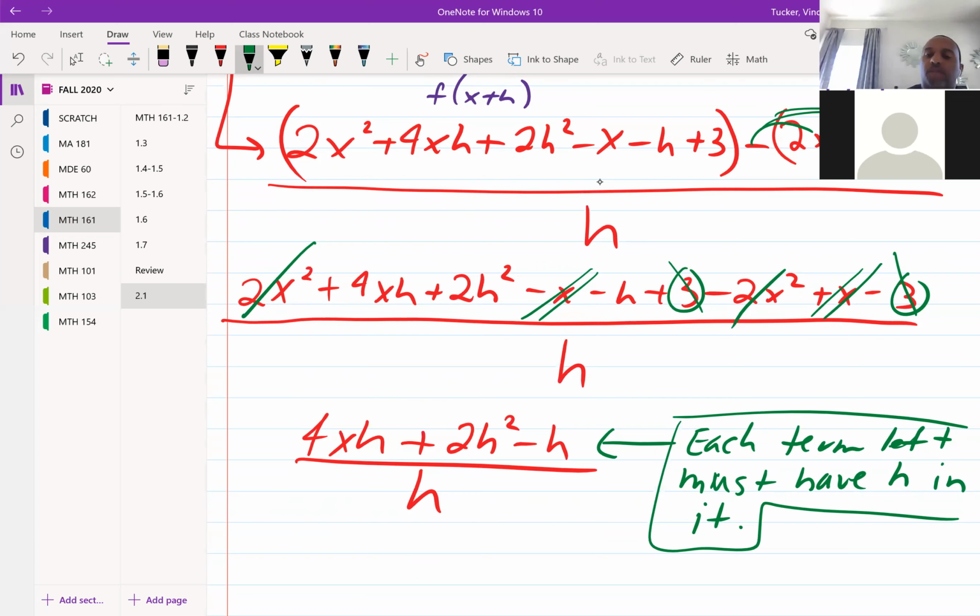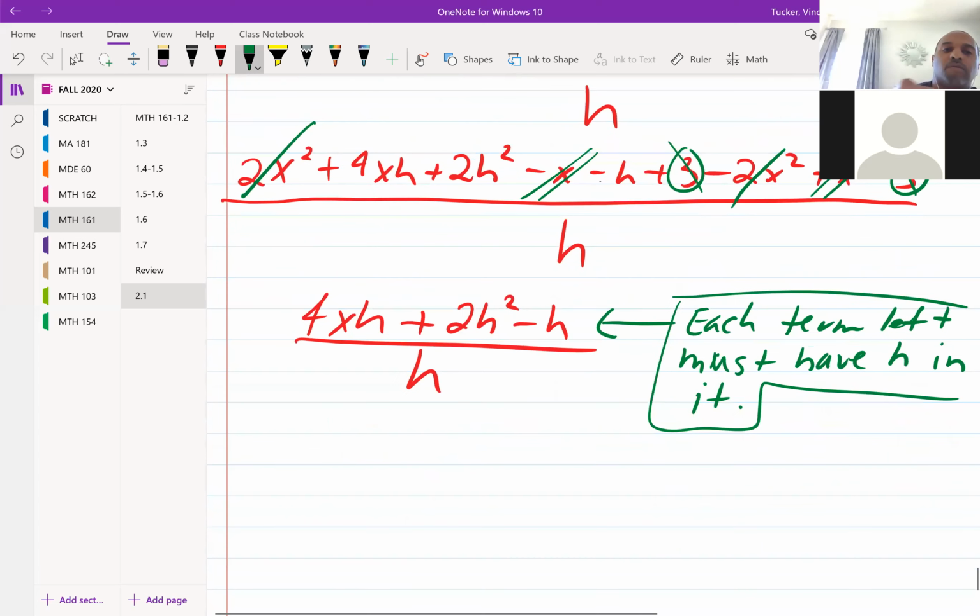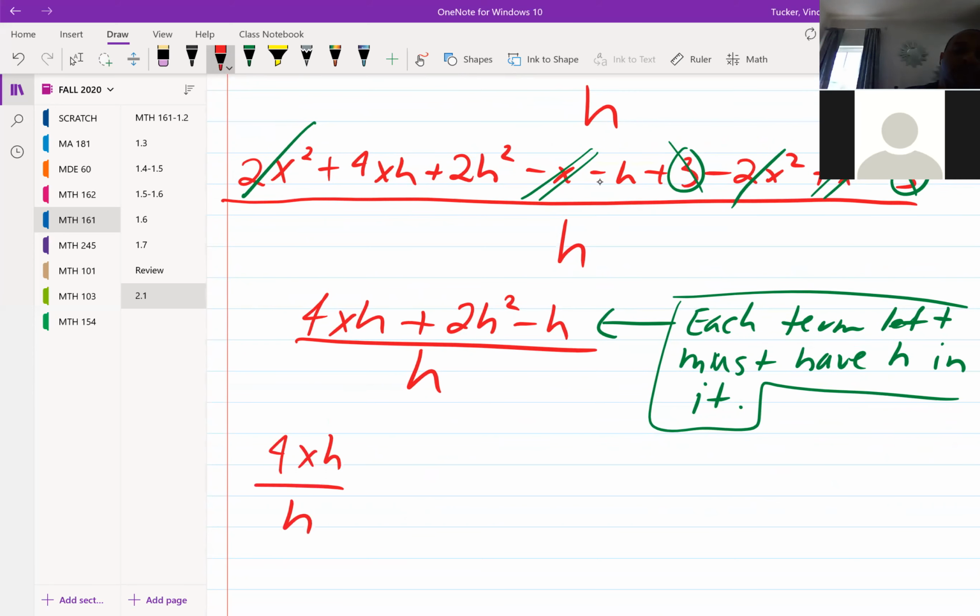What happens next is that the h has to divide into each term. If you do not have an h in each one of your terms, you may have miscalculated or missed a term to cancel out, because each term that's left should have an h in it.